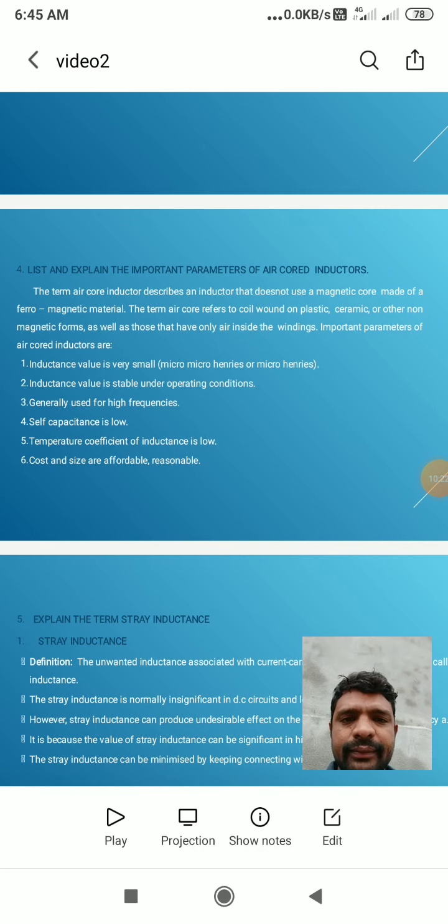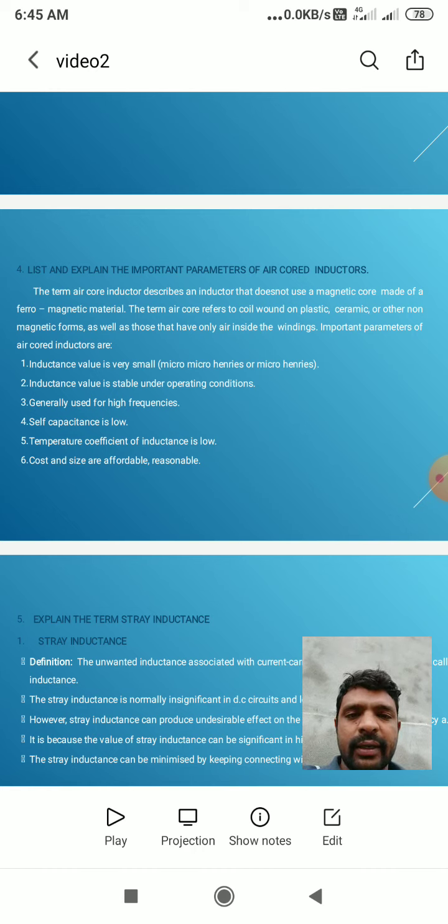The term air core refers to a coil wound on a plastic, ceramic or other non-magnetic form, as well as those that have only air inside the winding.